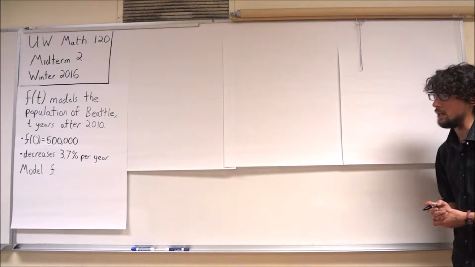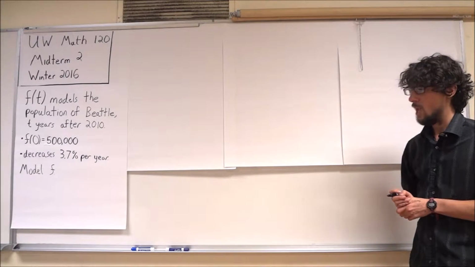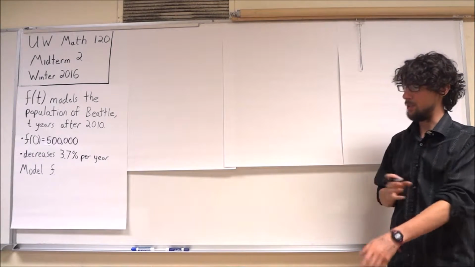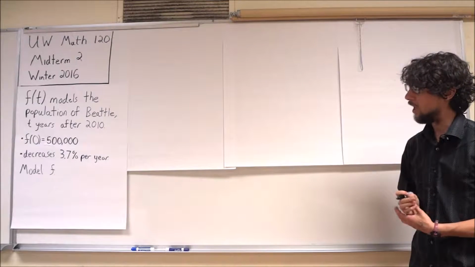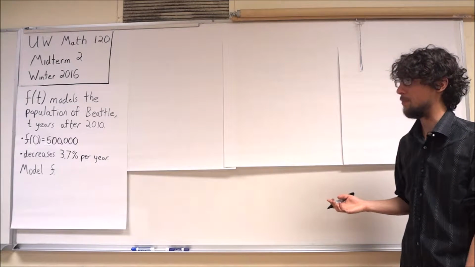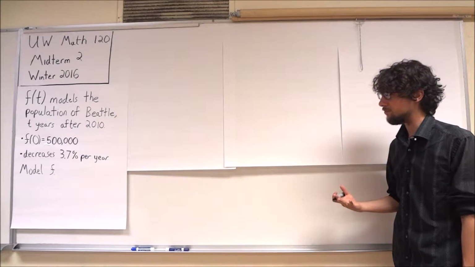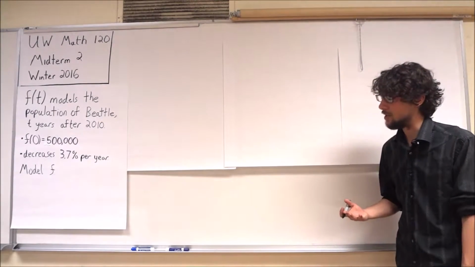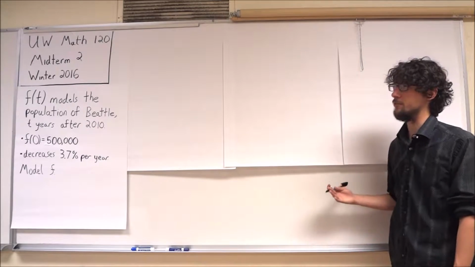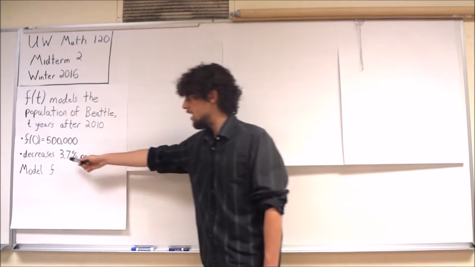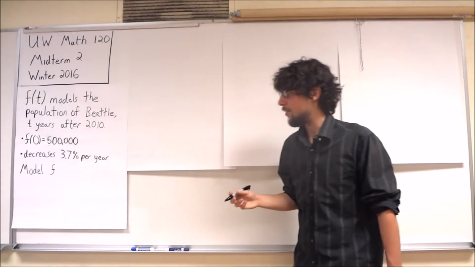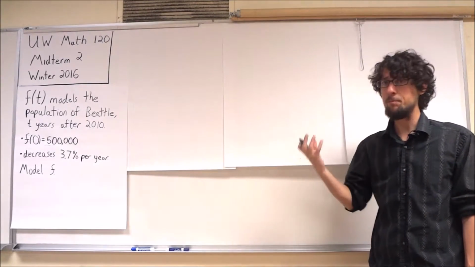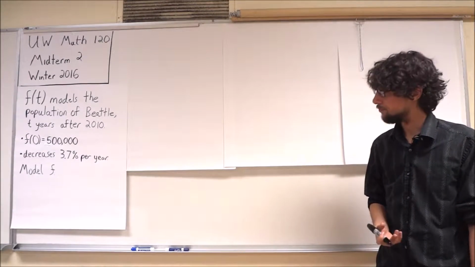Okay, so let's take a look at it and see what we can do. I hope you notice that f is going to be an exponential model. The fact that we're working with populations should have maybe given you a little bit of a clue, but the real detail that makes us sure that this function is in fact exponential is this idea that the population is changing by the same percent each year.